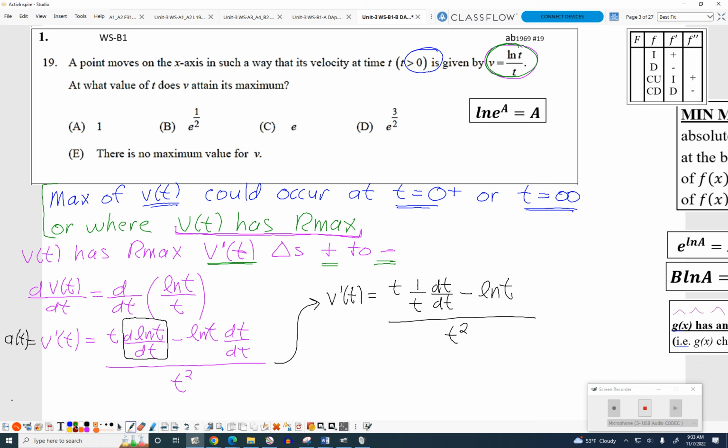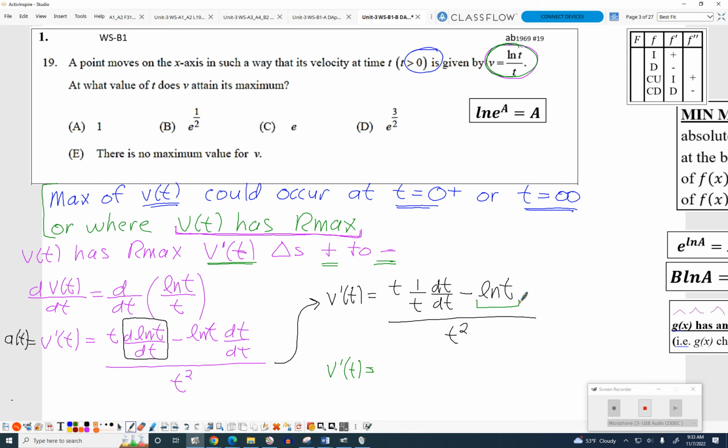V prime of t equals. That's a weird T. Hold on. Marker glitched. Keep going, Hunter. Would you factor out a t? You can't. Not yet. Because, well, I can't ever, because it's not ln times t, it's the t inside the ln operator.